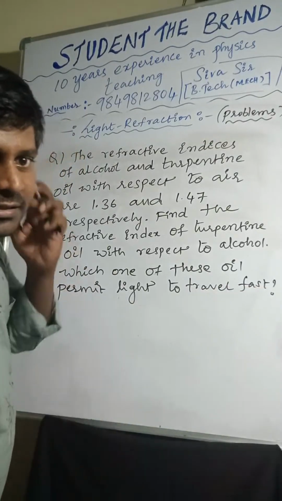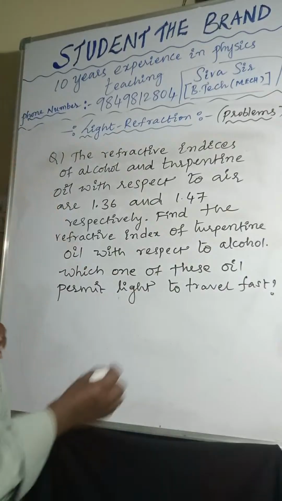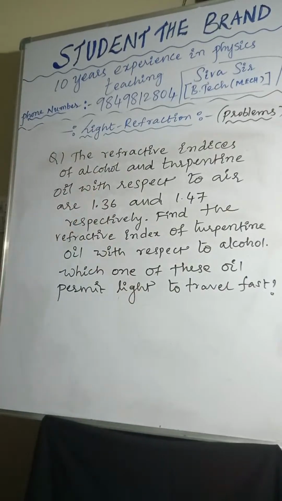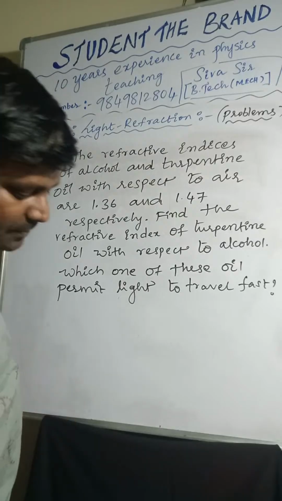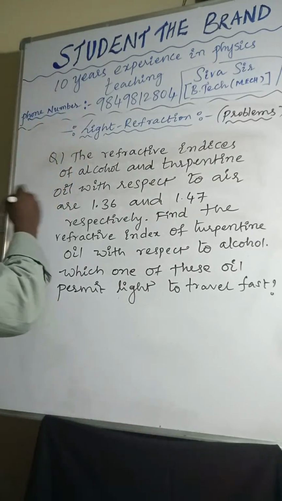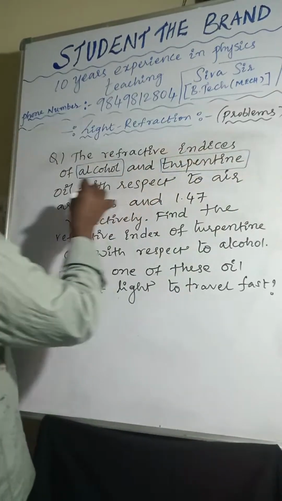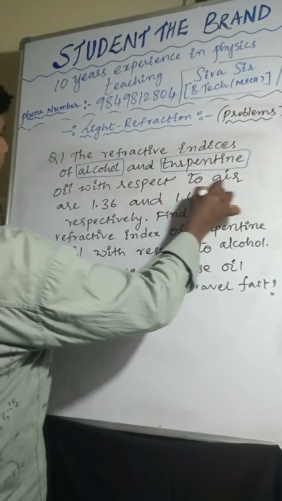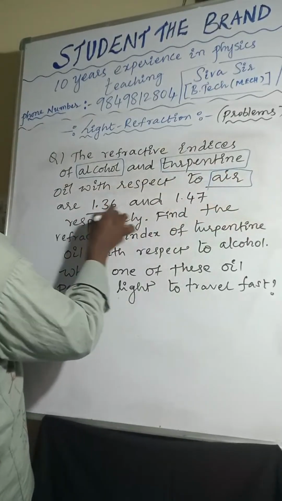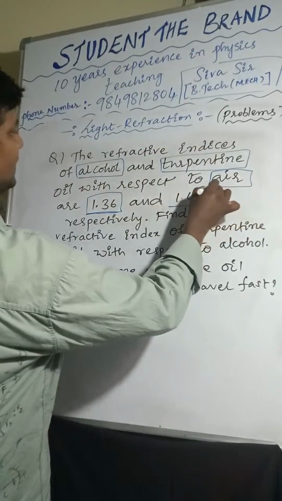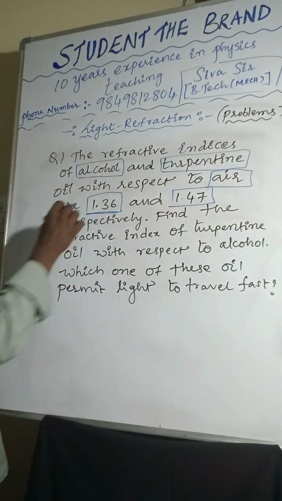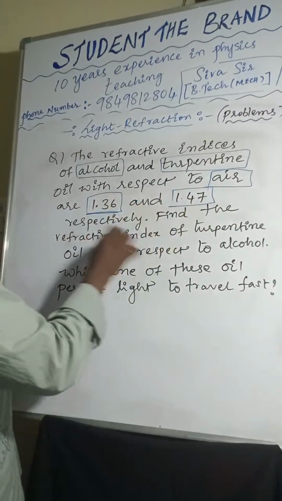You can check once. Here the refractive index of alcohol and turpentine is given with respect to air. So with respect to air, those are 1.36 and 1.47 respectively.